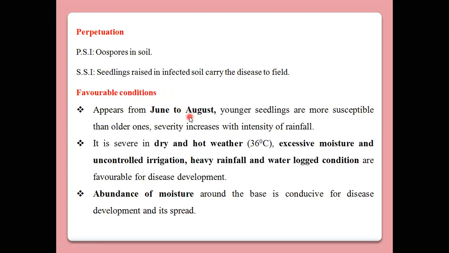This Pythium mainly infects younger plants as compared to mature plants, and these symptoms are majorly seen from June to August. Other favorable conditions are excessive moisture, then uncontrolled irrigation, meaning more than 5 irrigations to papaya in a 1 month period, so 100% disease is produced.